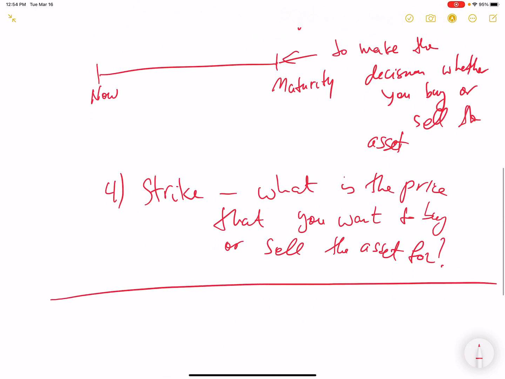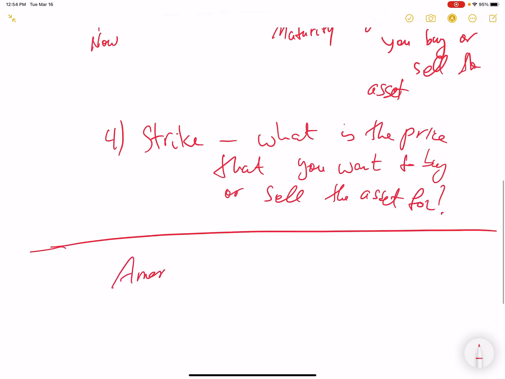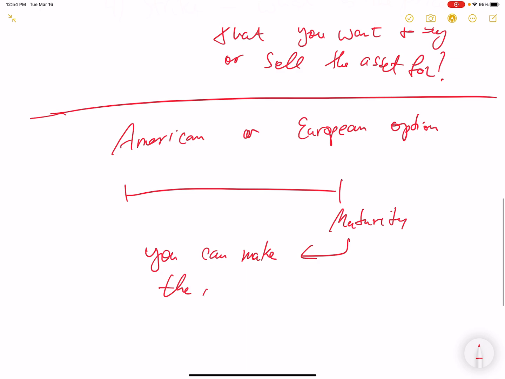Now, we discussed in class that you have 2 types of option, whether it's American or a European option. So for European option, let's say this is your timeline and this is your maturity, you can make decision whether you buy or sell the asset only at the end, at maturity.